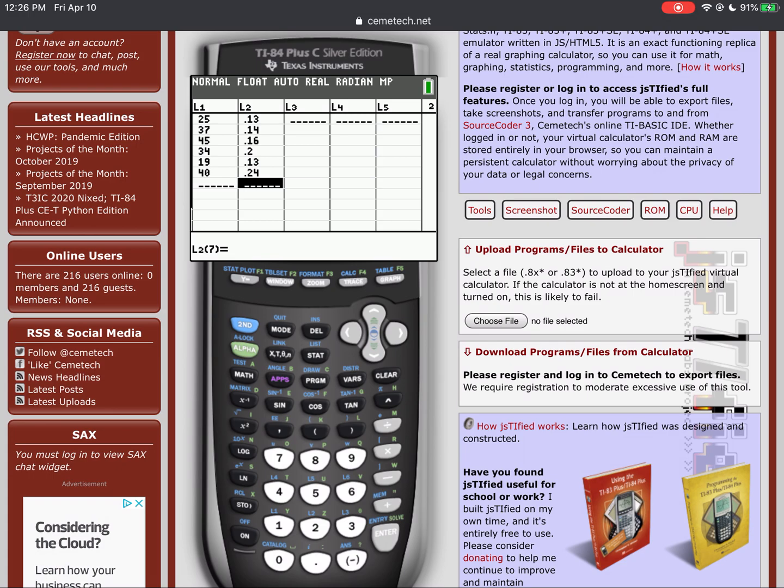Now, once I've put in all those decimals, I'm going to go up to the top of the list and highlight L2, and now I'm going to tell the calculator to take 200, the sample size, times everything in L2. And what it's going to do is multiply all those decimals by 200, saving me a lot of work of going back and forth and multiplying.